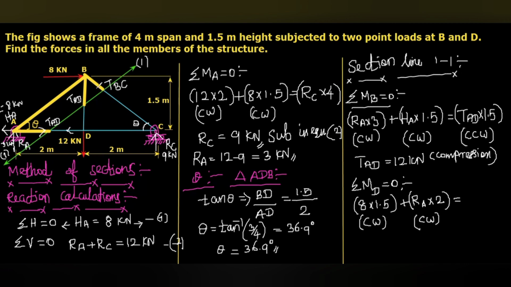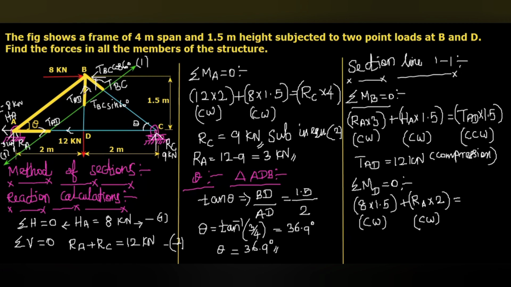In case it acts inwards to B, we will resolve two components. The vertical will be TBC sine 60 and the horizontal will be TBC cos 60.